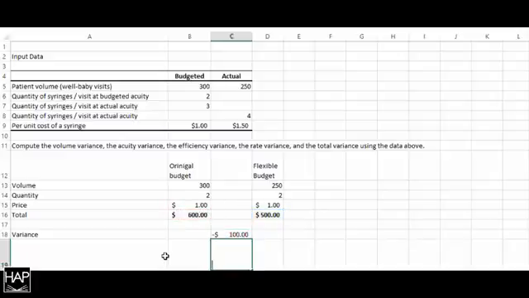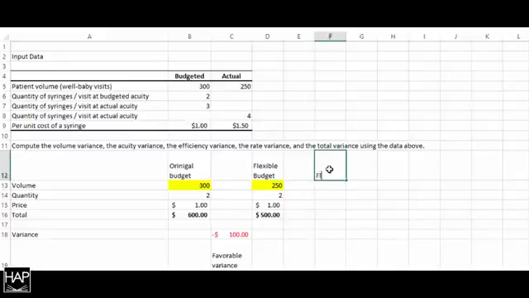So I get a negative value here, negative 100. In this case, it's actually good to have a negative value because it means that I spent less than I expected to. This makes it a favorable variance because I came in under budget, and it's always favorable to be under budget rather than over budget. So what I changed here was going from the original budget's volume to the flexible budget's volume, reflecting the actual volume.